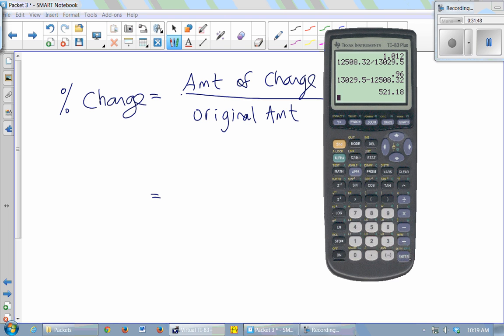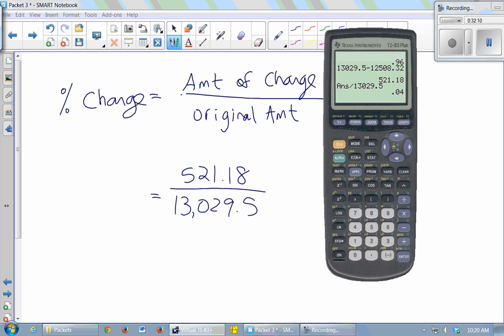So the amount of change is 521.18, compared to how much I started with, which is 13,029.5. That gives a 4% change.